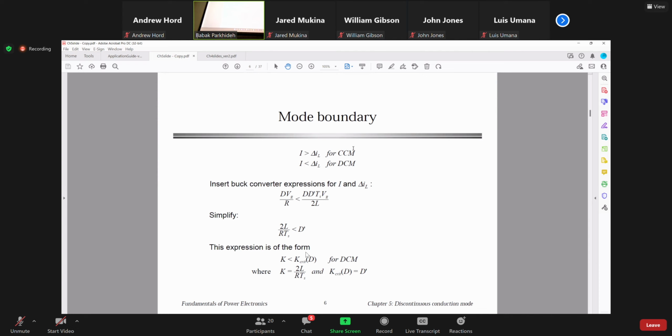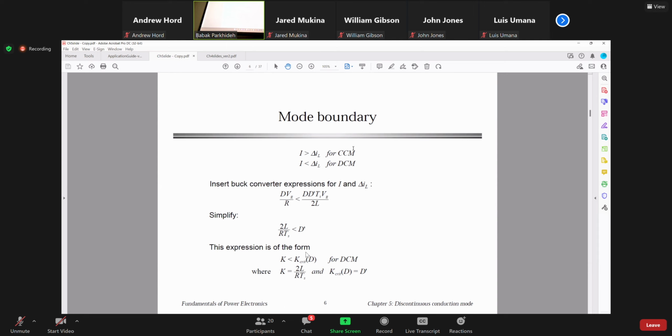Again, imagine that you design your converter. You know your L, R is defined by the load, that's a spec, a nominal load, and now it's a range. Ts is the switching frequency that you already fixed, say 100 kilohertz. So this is fixed, and D prime is also fixed because it's CCM.